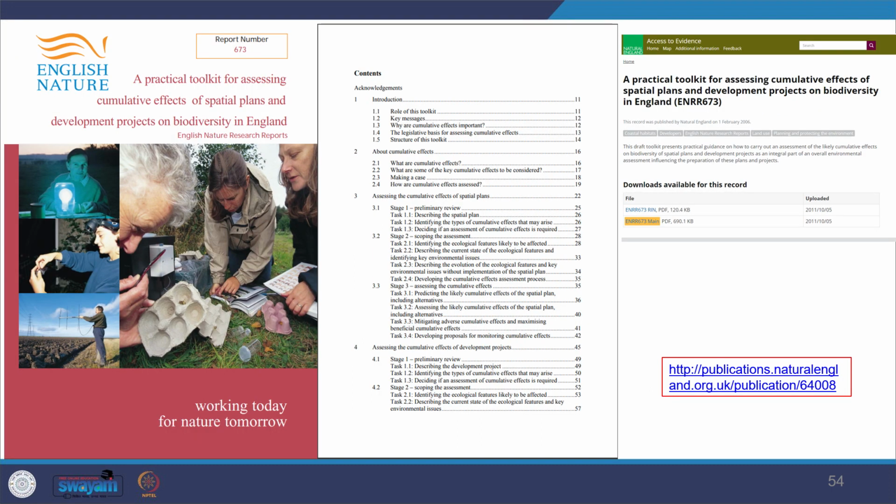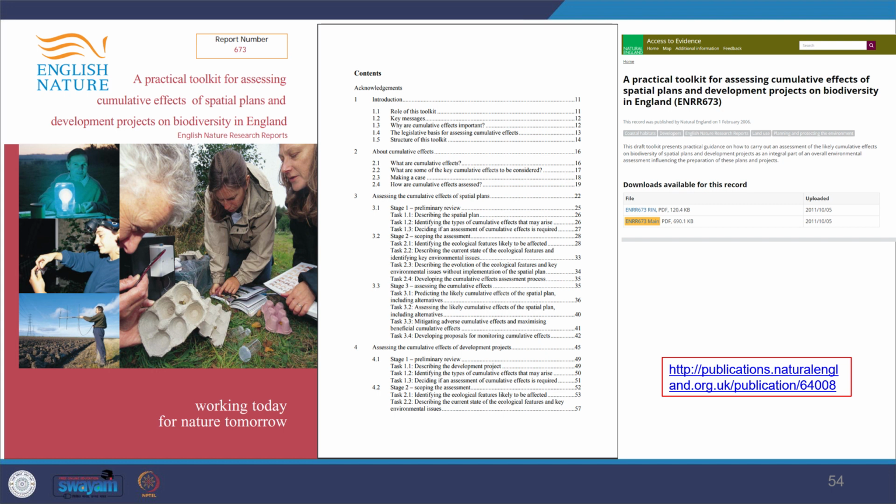You'll also find another practical toolkit for assessing cumulative effects of spatial plans and development projects on biodiversity in England. I have given you the link for downloading here. You can see that it defines cumulative effect.